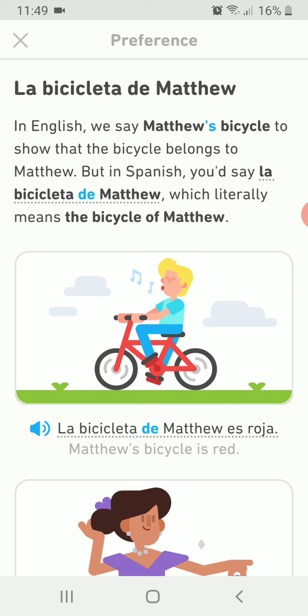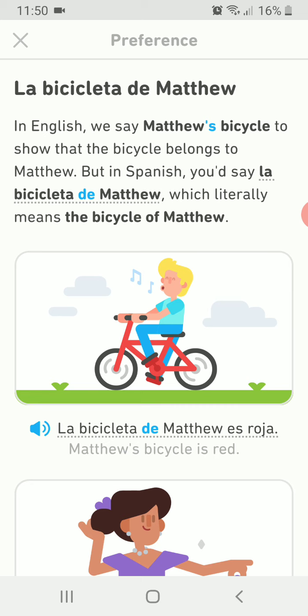But in Spanish, you'd say la bicicleta de Matthew. And if you translate it literally, it will be in English the bicycle of Matthew. But this is not correct.